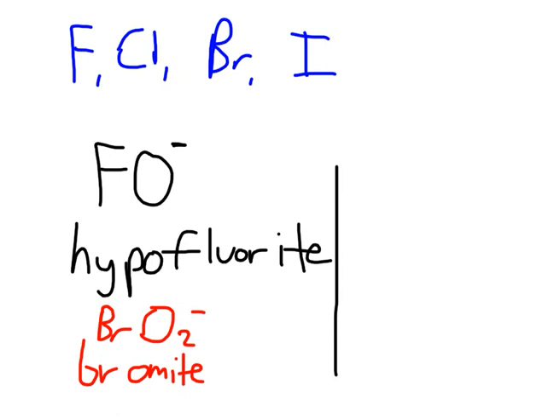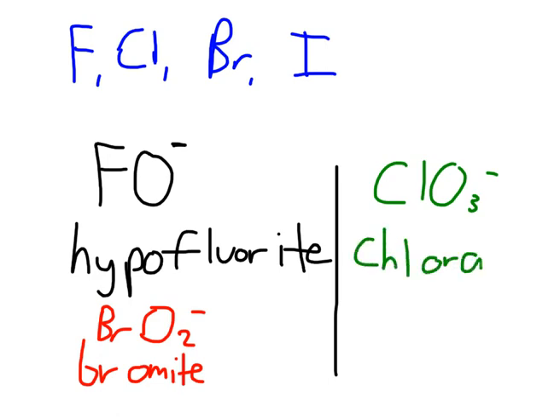Okay, moving up to the next one. Let's say we'll do 3 oxygen. Now the suffix changes to -ate. Chlorate. For fluorine, fluorate. Bromine, bromate. Iodine, iodate. And finally, one last one, we will do 4 oxygen, but still the same charge.